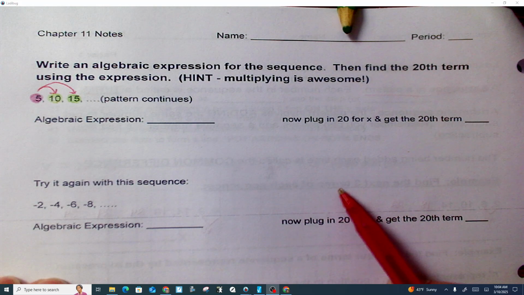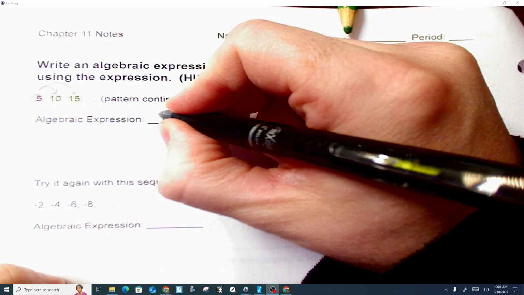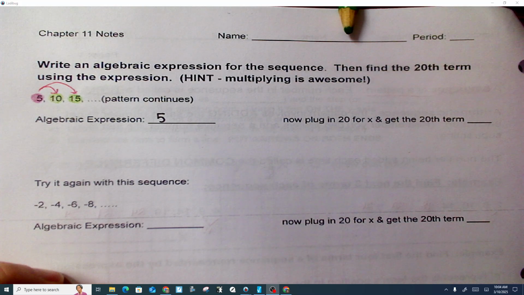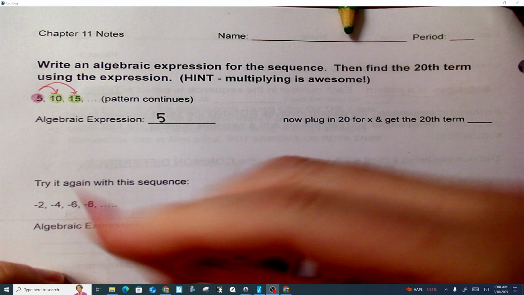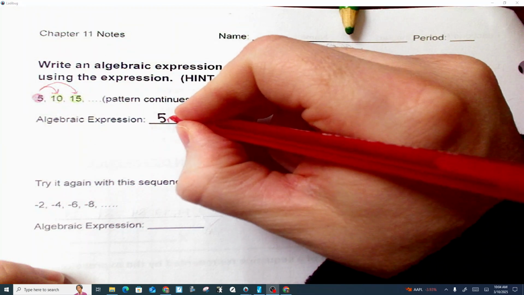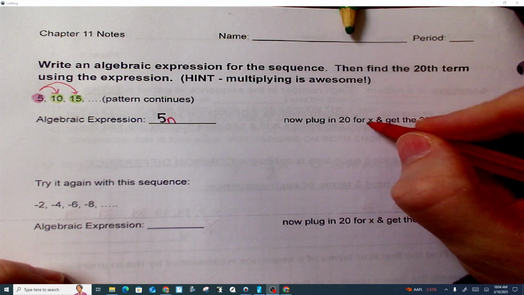So in order to make a generic algebraic expression, take the first term, in this case 5, right? And since we're timesing it by the term number, we can just call that an n, or we can call it an x. Over here I said plug it in for x right there.